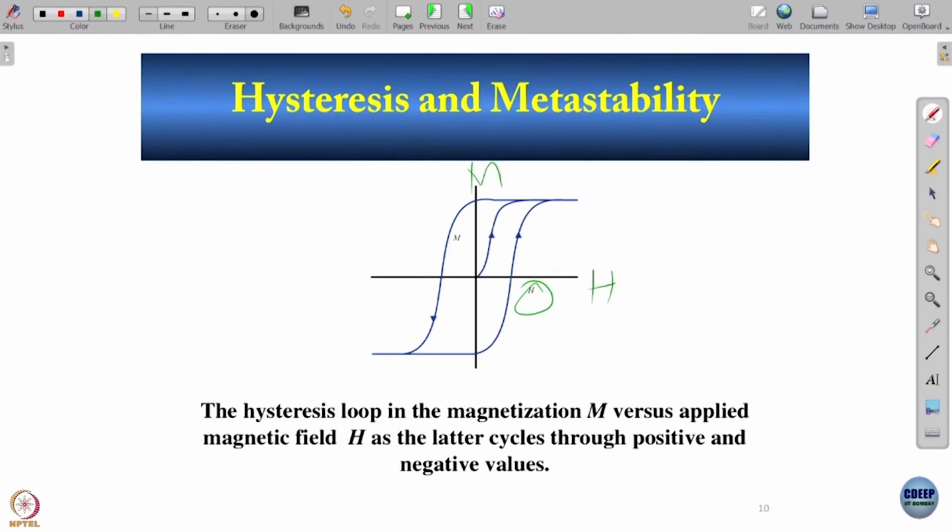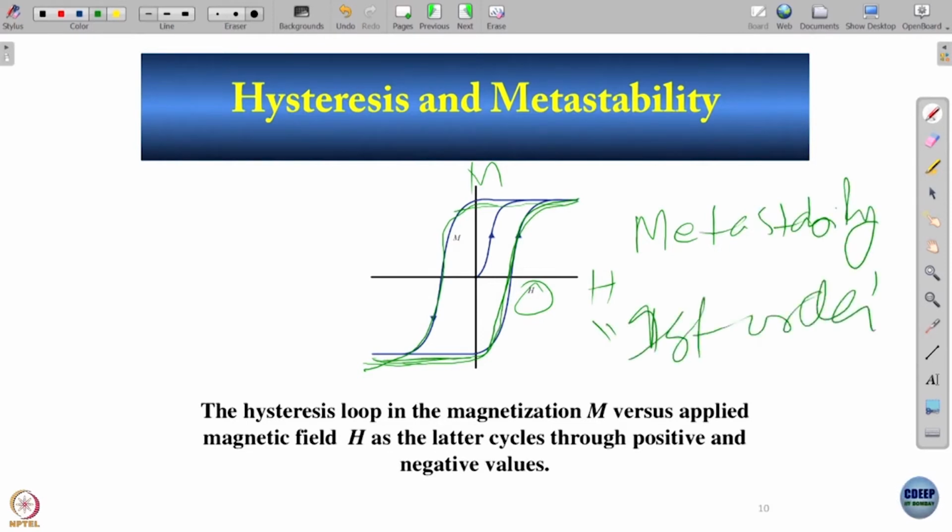However, behold, I am switching the sign, but even after switching, it does not reverse immediately. It hangs on and then goes. When I switch the other way around, again it takes a long time. So this hanging on to the old phase is called metastability and hysteresis, and this is the trademark of a first order phase transition.